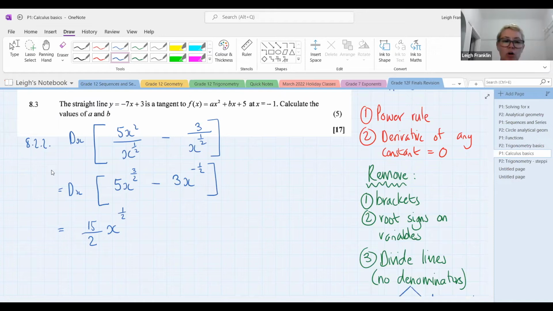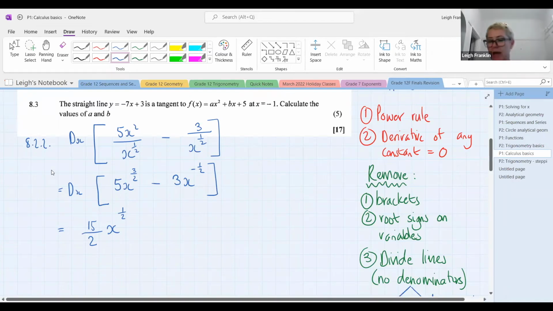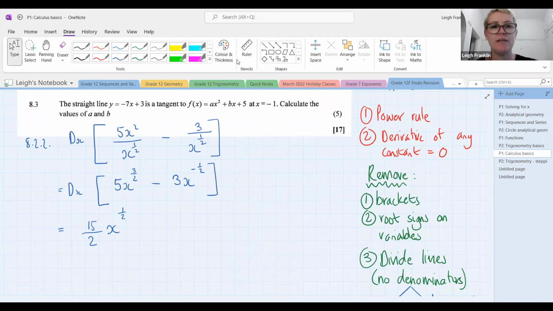All right, so sign, number, variable, stop. Stop, stop, stop, okay? Don't just go and write the next sign straight away, because sometimes what happens is a situation like this, where we've got a negative times a negative. Sign, number, variable, stop.